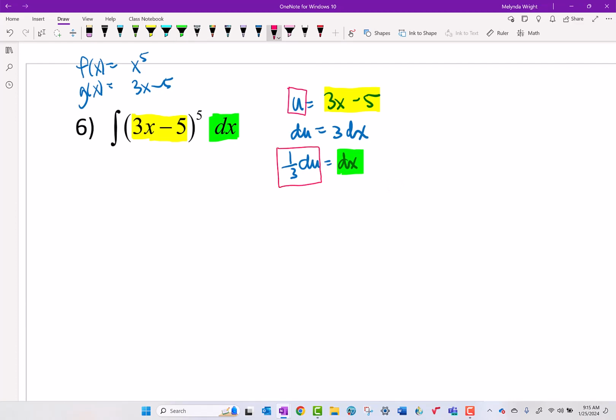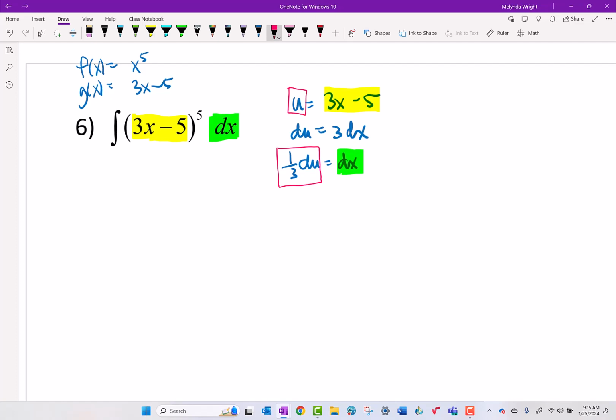Why? The integral can only have one variable in it for us in single variable calculus. I have x's and dx in my problem. When I rewrite this, I am only allowed to have u's and du. I am not allowed to have a dx. That is really important. We have to completely change the variable over.